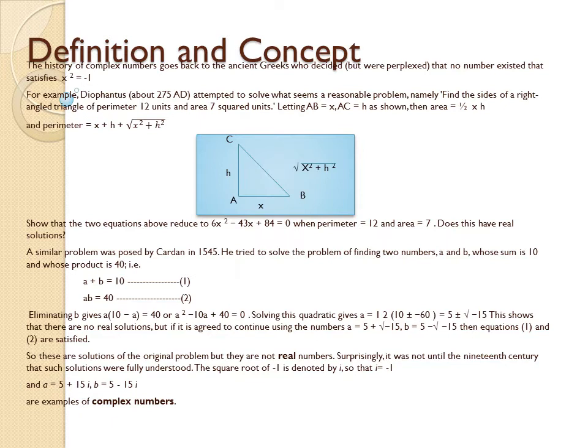So these are examples of complex numbers. Whenever anything has a root over minus 1, that number we can directly consider as a complex number. So that's all about complex numbers, a very short definition.